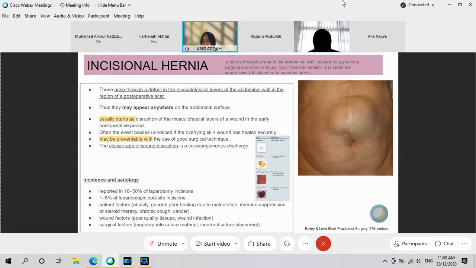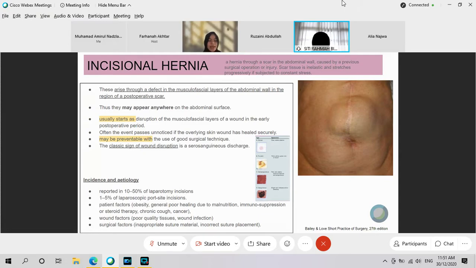Doctor, is it because of patient factors? I think the pathogenesis, the causes, are due to many causes, so the causes vary.